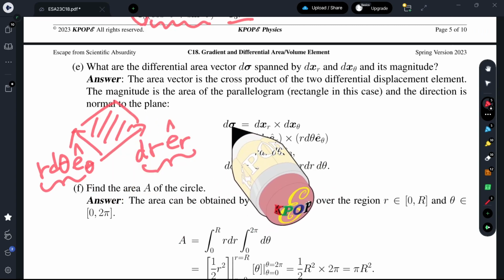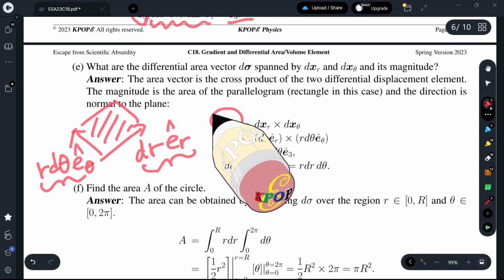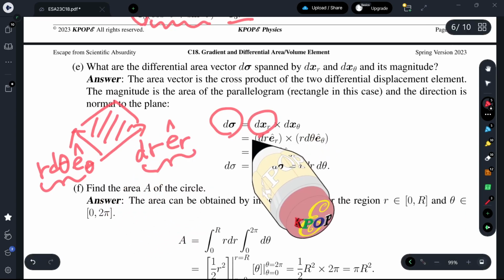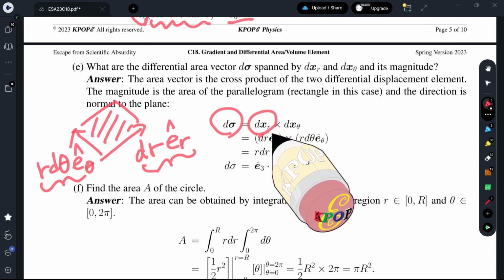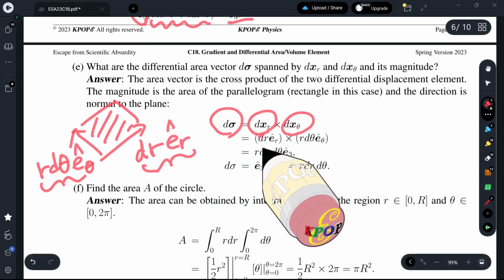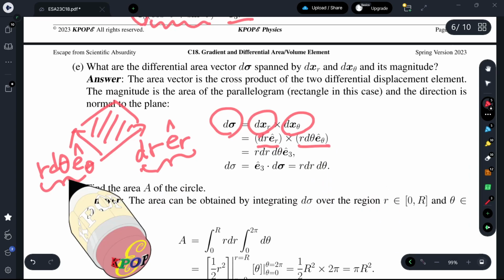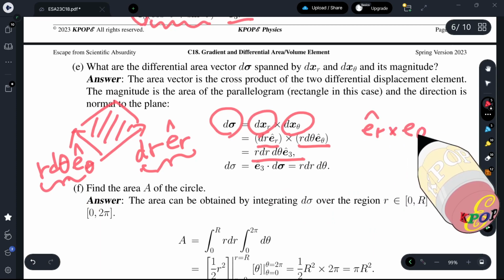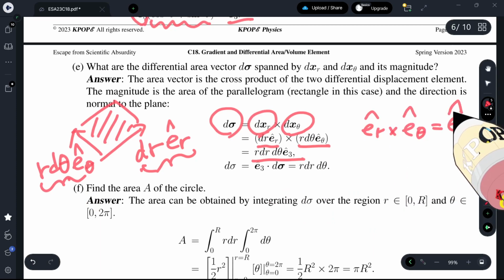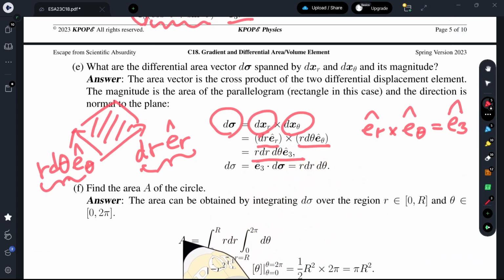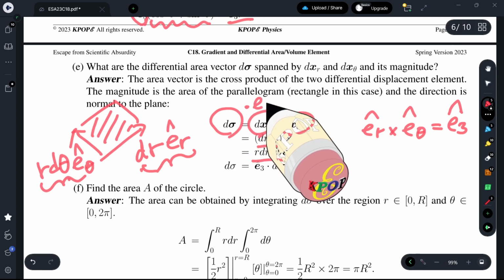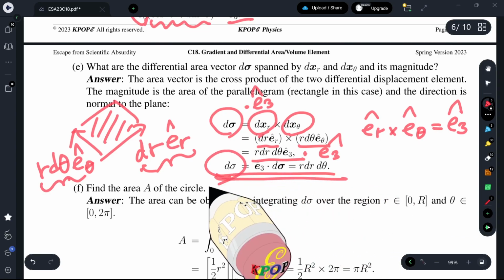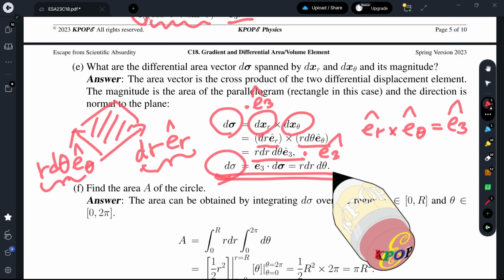The area of a parallelogram can be computed by applying the area vector, the cross product of the differential displacement vectors. We find that e r cross e theta equals e3. As a result, we obtain this. Finally, if I take the scalar product with e3, then we arrive at the area itself, that is r dr d theta.